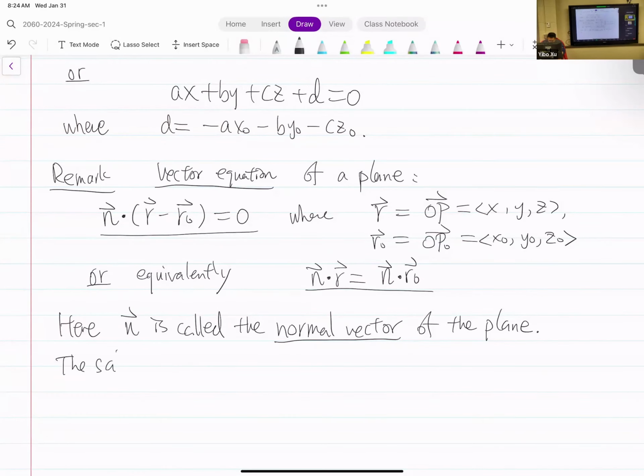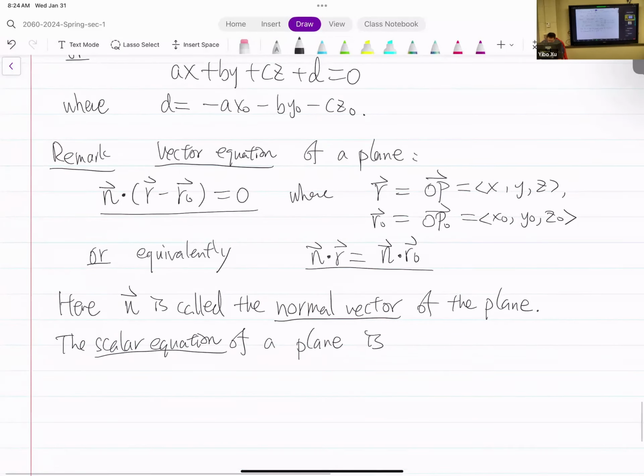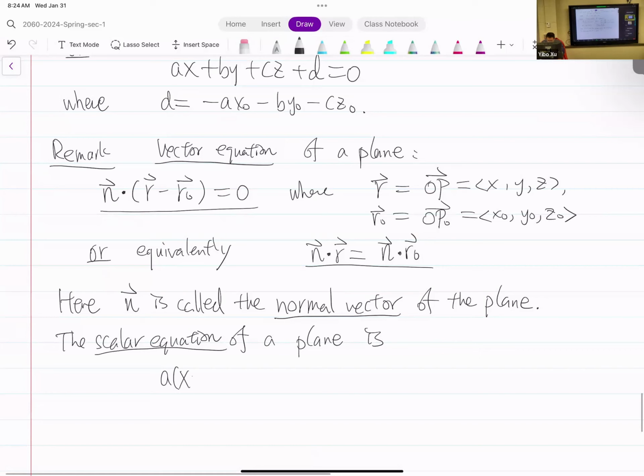The scalar equation of the plane is the equation that explicitly writes out the dot product: a times (x minus x0) plus b times (y minus y0) plus c times (z minus z0). So this is the scalar equation. Sometimes they call it the standard equation.